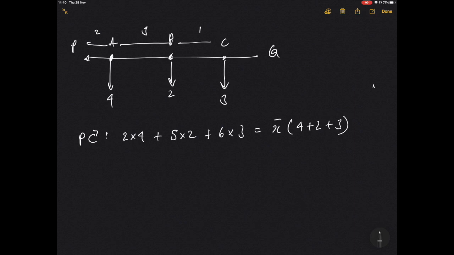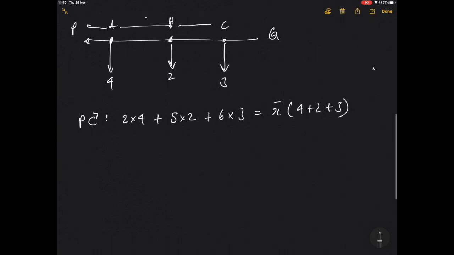So what we have now is a way of finding the solution for the moment about P. So we could say that is 8 plus 10 plus 18 equals x bar, which is multiplied by 4 plus 2 plus 3, which is 9.